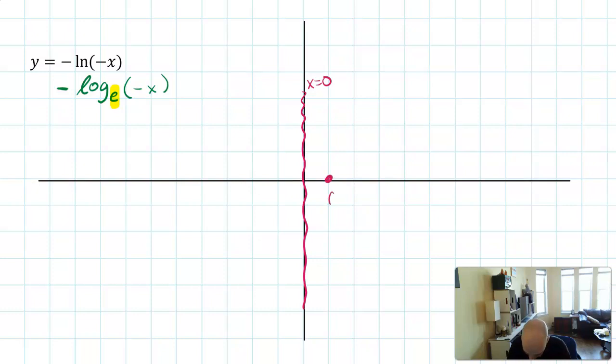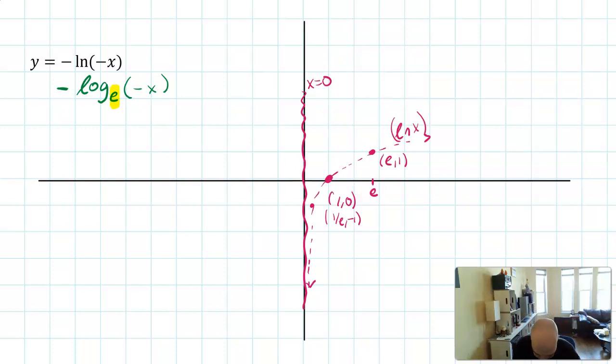We go through 1, 0, and instead of 2, 1 or 3, 1, we go through e, 1. That's the only difference. And over here we'd be at 1 over e, negative 1. That's the only difference in the graph of natural log x compared to any other log: e is the first point, which is roughly 2.7, but there's nothing to be afraid of.